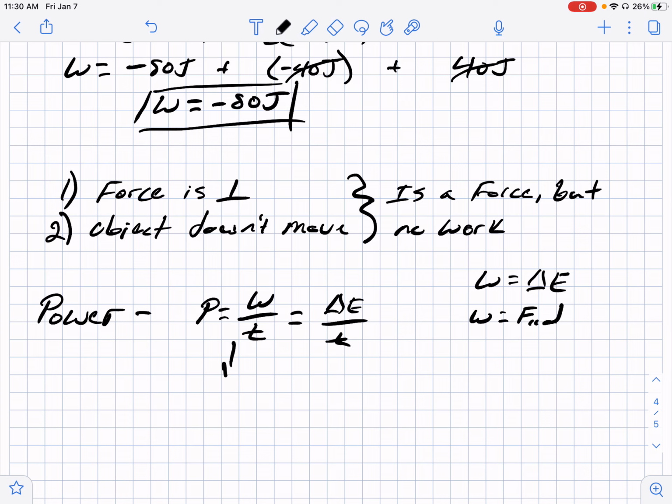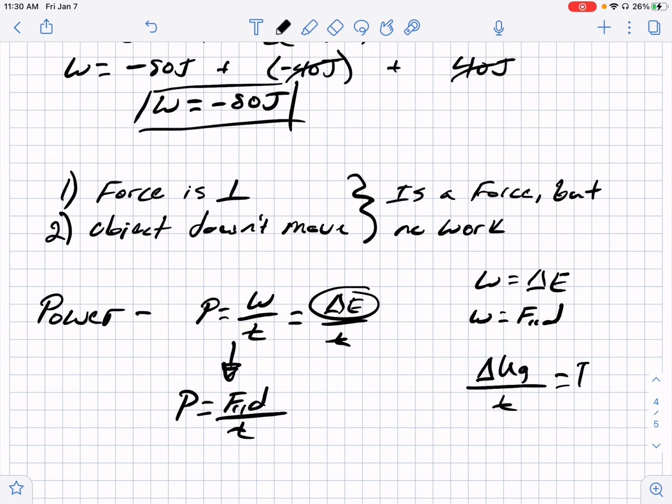So I could further break this down and say that power is equal to the parallel force times the distance divided by the time. And then I can also do it in terms of change in energy. We've seen the work on inclined plane lab where our change in energy was gravitational energy. So in that case, it'd be your change in gravitational energy divided by the time that would equal your power.